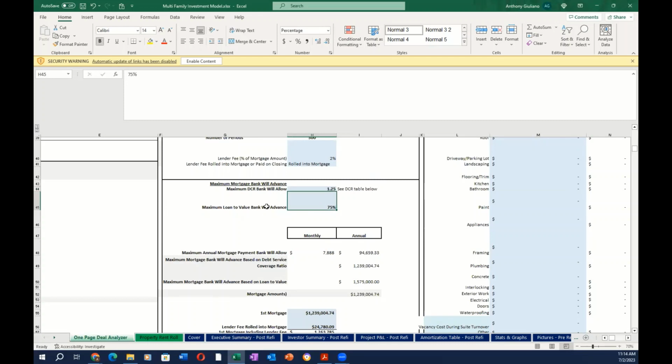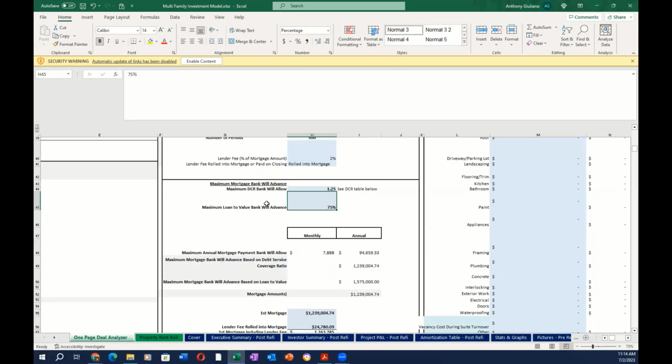The bank will get an appraisal at the time of acquisition and indicate that, say the property's worth $1 million, we will advance you only 75%. Again, it depends on your bank and the lender, but generally the bank will only advance around 70 to 80% loan to value.